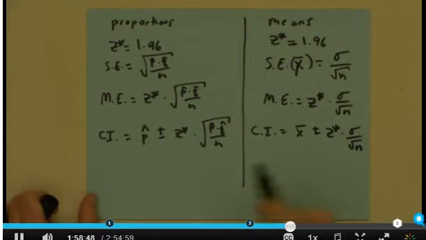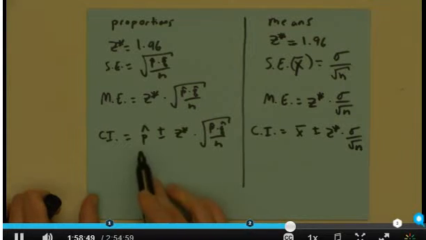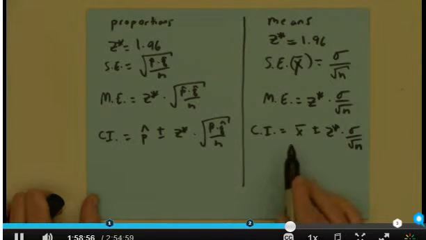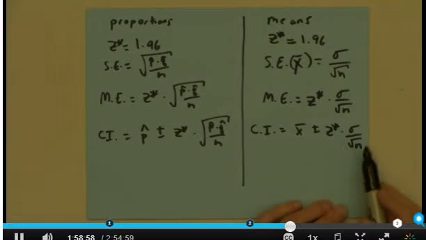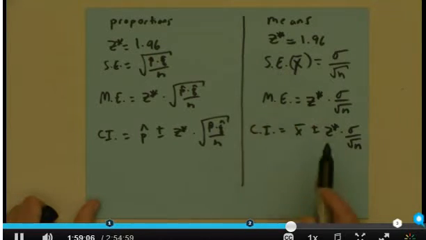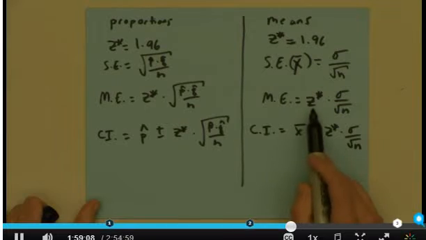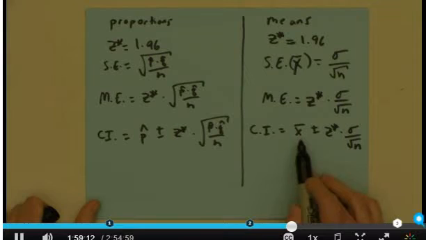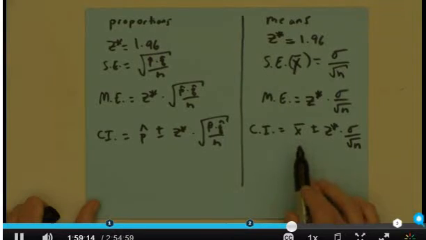And so this is exactly the same idea, but instead of computing a sample proportion, and then the standard error for proportions comes from this formula, I'm computing a sample mean, and then the standard error for means comes from this formula. Otherwise, I'm doing exactly the same thing as I did before. I still use the same critical z-scores. I still construct the margin of error by taking the critical score times the standard error, and I still use my point estimate from the sample as the midpoint of my confidence interval.